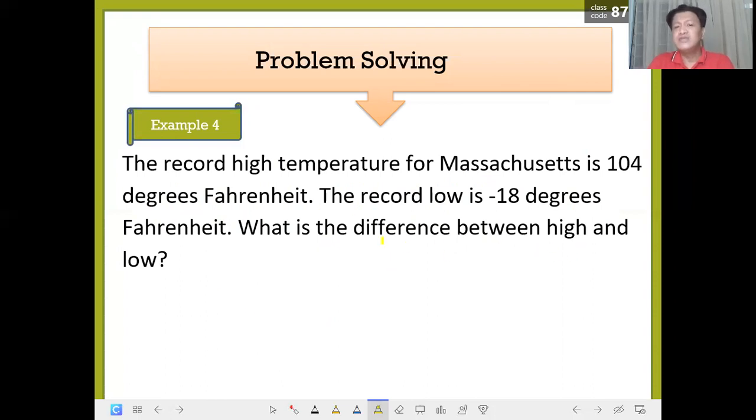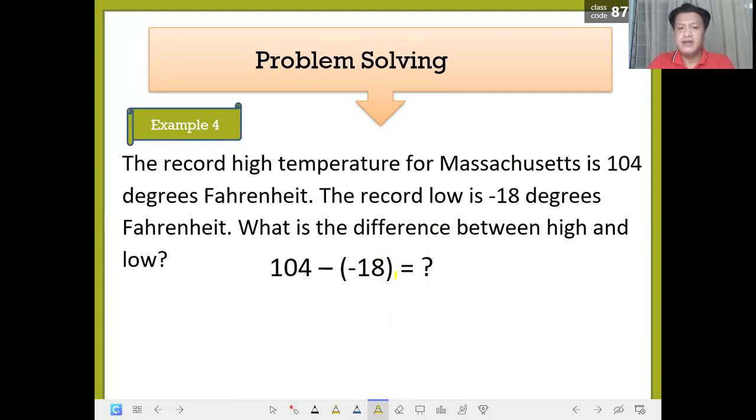Take note. So this is simply subtraction kasi nandiyan na yung clue natin. Okay, pag sinabi natin Massachusetts, this is simply a popular state sa United States. Okay, and this is our solution. Meaning to say 104 minus negative 18.